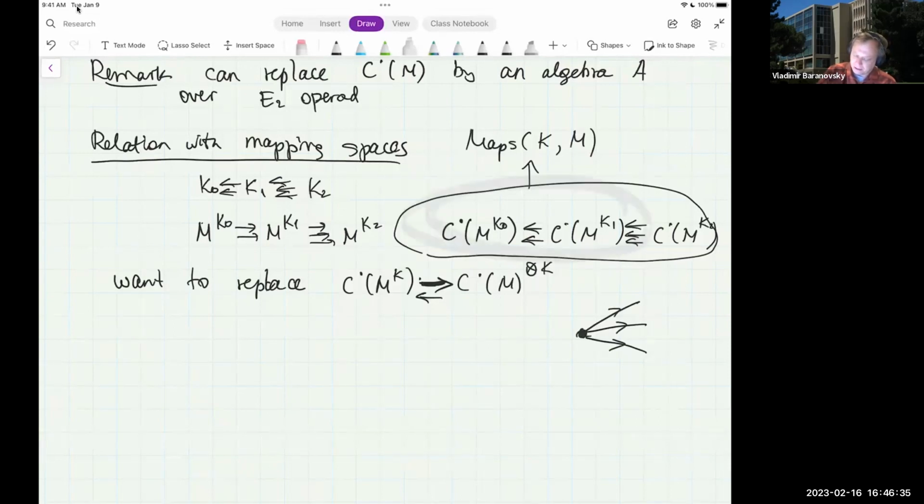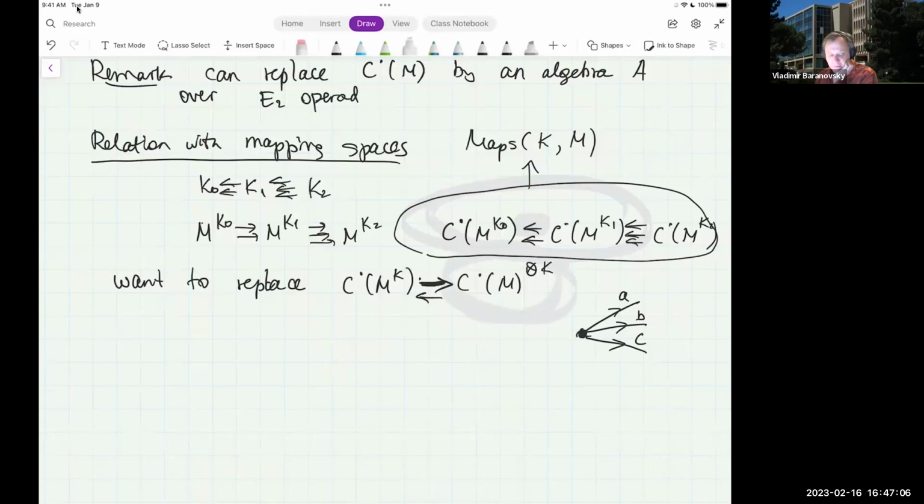Well, maybe we have 3 edges coming out of the vertex, and they're labeled by A, B, and C. When we are looking at one of the boundary arrows, we'd want to send A tensor B tensor C simply to their product. This is something that would make sense if we wanted to shrink it.